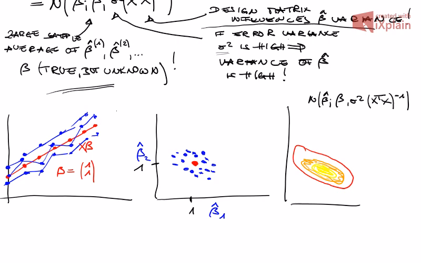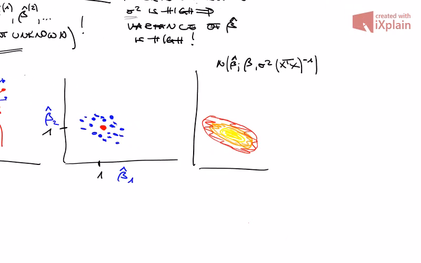Well, that's a good question. It is tilted. Even if I could only draw something tilted, something like that. It is tilted and not spherical because here you don't have the identity matrix.